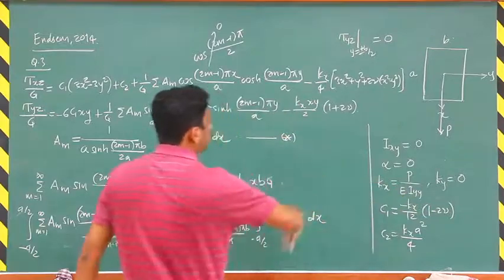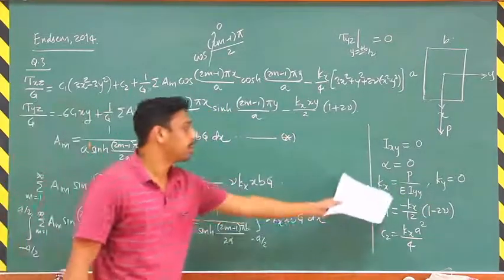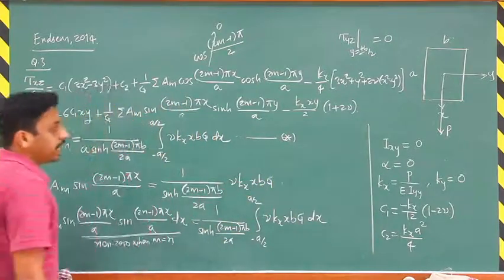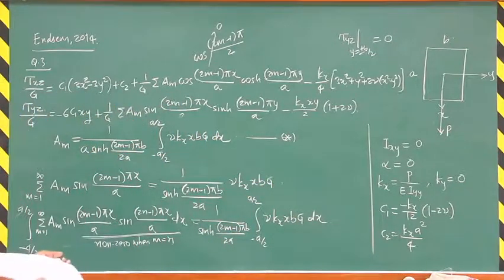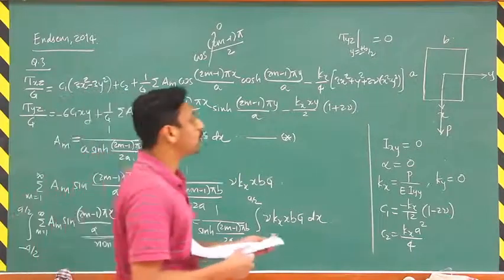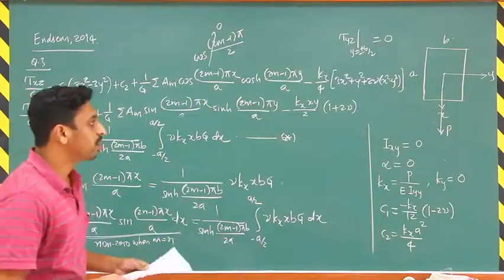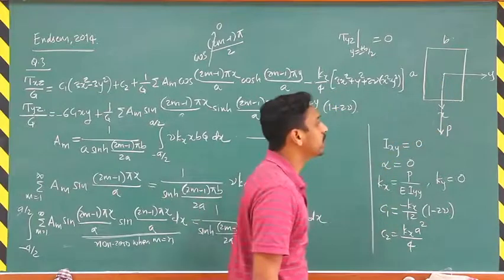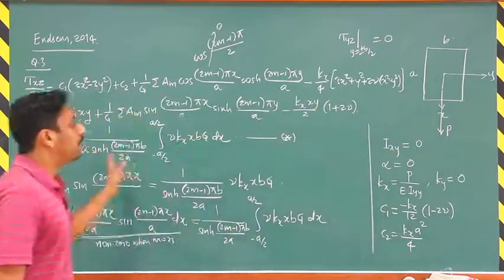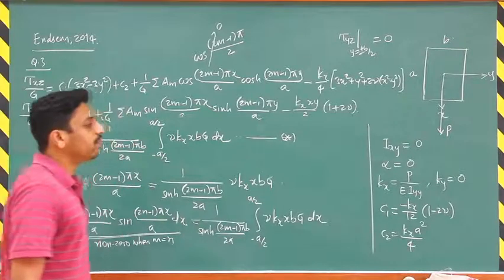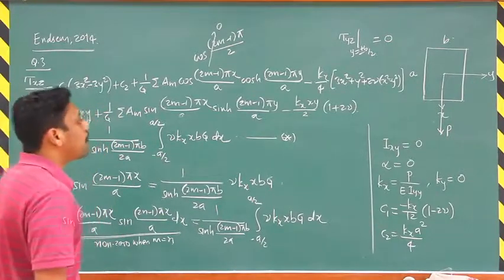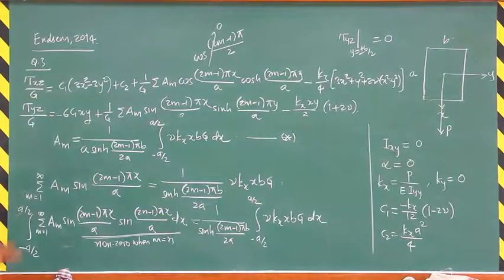Then we have made use of these to find the simplified expressions for tau xz and tau yz. Then we are asked to make a choice out of two chi functions given. From the symmetry of the cross section and the loading conditions, we expect tau yz to be odd in y, and on that basis we have selected the first chi function, and by using that chi function we have got explicit expressions for tau xz and tau yz.